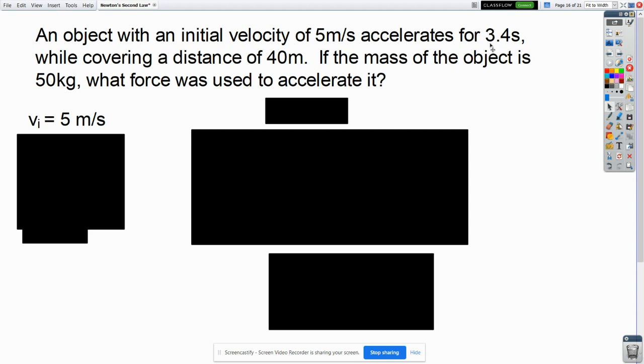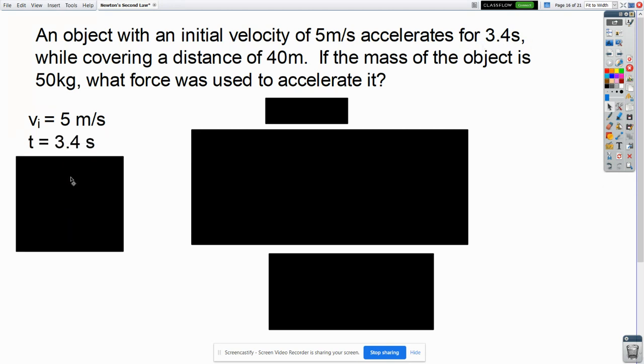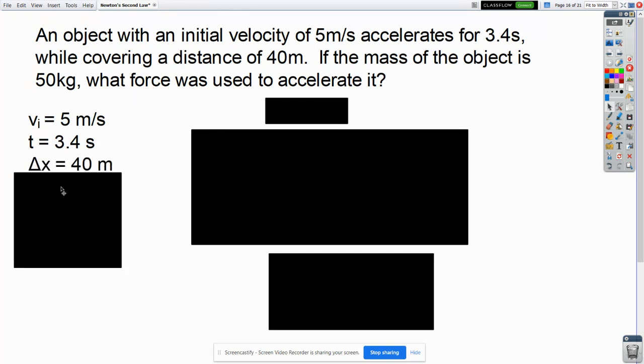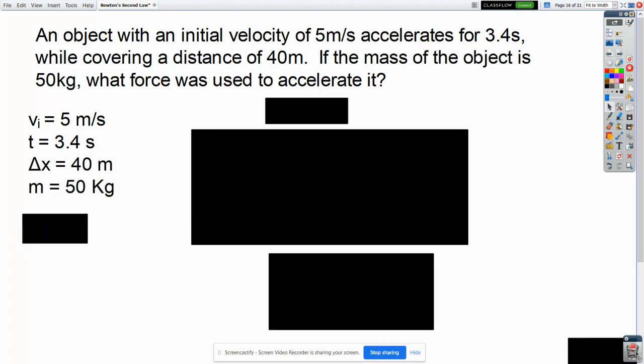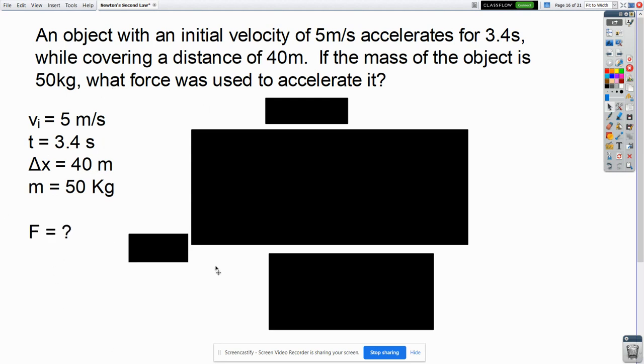Accelerates for 3.4 seconds, that's a time. Distance, 40 meters, that's a delta x. Mass of the object is 50 kilograms. Those are all my givens. What force was used to accelerate? I'm looking for F.